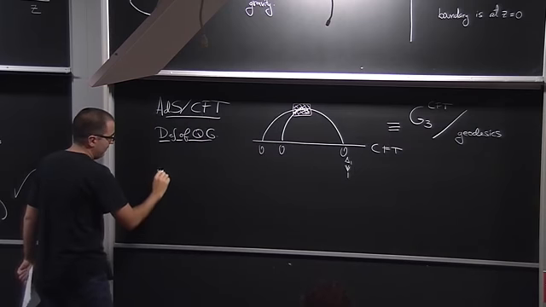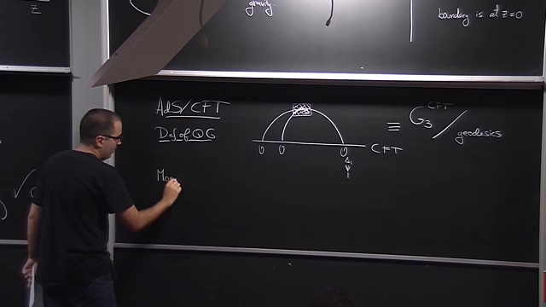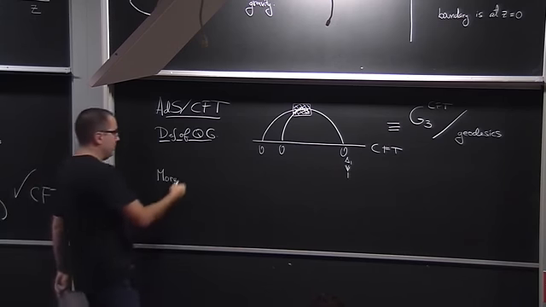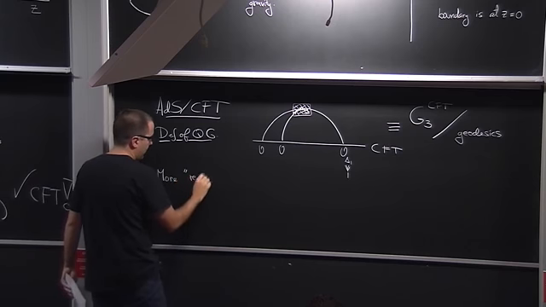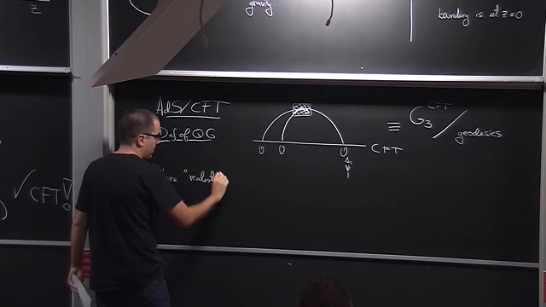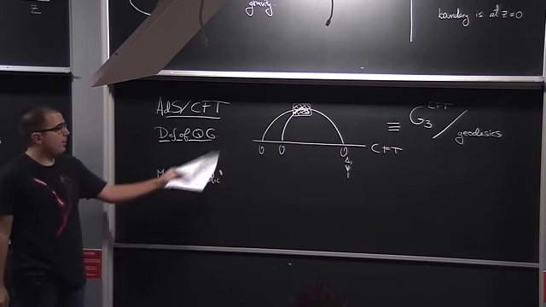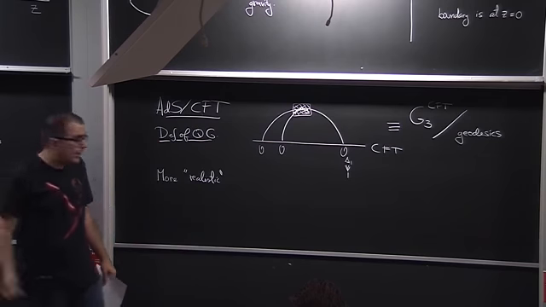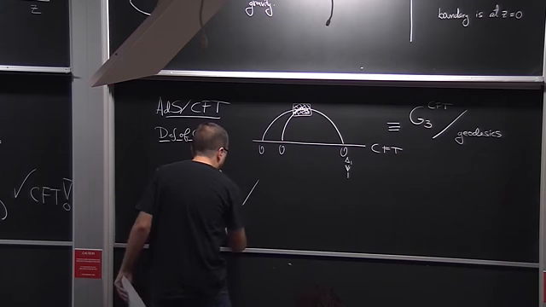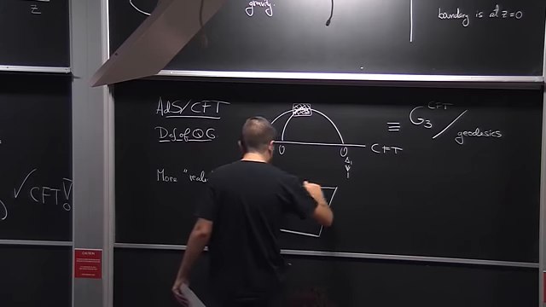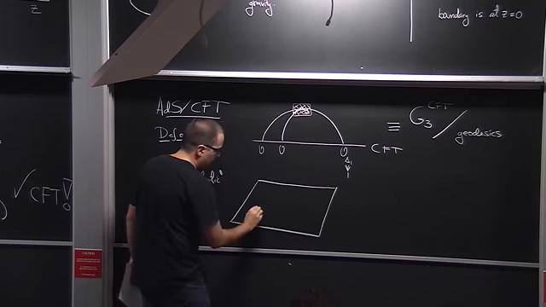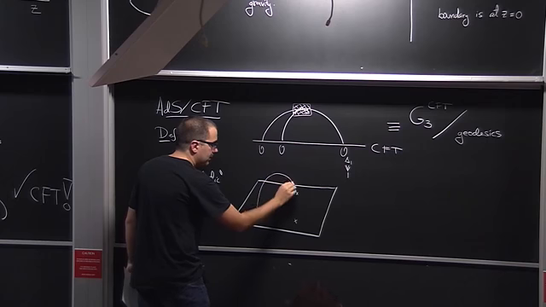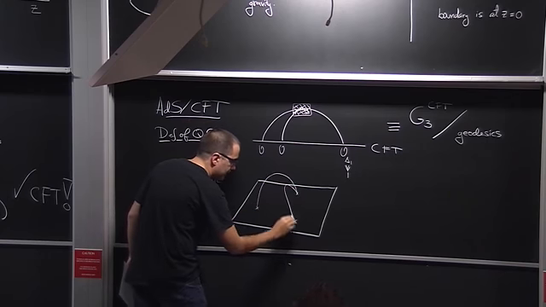More realistic, and by realistic I mean something where we do control better both sides of the duality, is that the theory in the bulk is not a theory of particles, but a theory of strings. So typically, for example, what people are considering right now, which I find very, very interesting, is trying to solve the same kind of minimization problem, but where now the particles are not particles, they are strings.